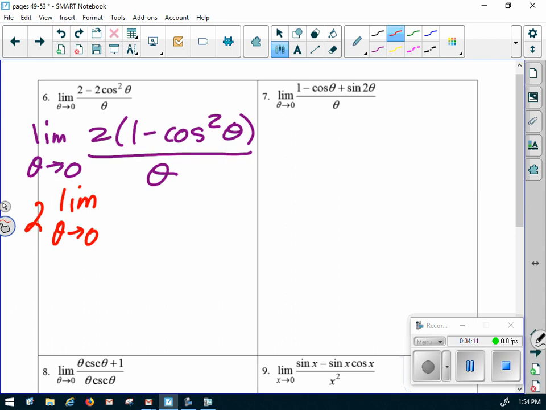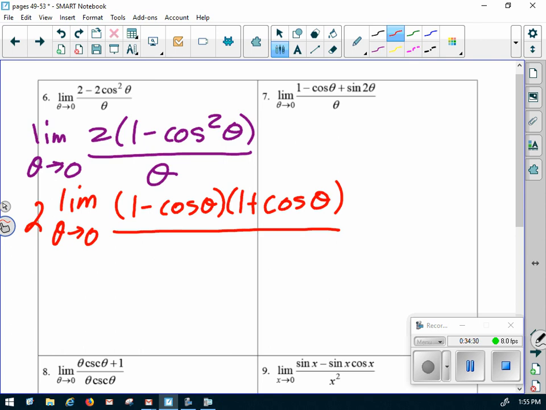It is sine squared theta, but it's a difference of two squares, isn't it? So this is 1 minus cosine theta times 1 plus cosine theta over theta. But Ms. Dennett, how did you know not to use sine squared theta? Because that wouldn't help me. It wouldn't get me anywhere.